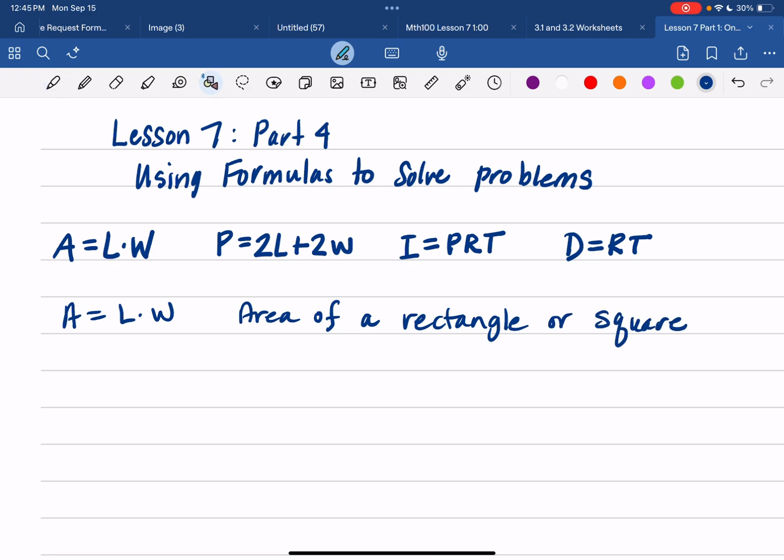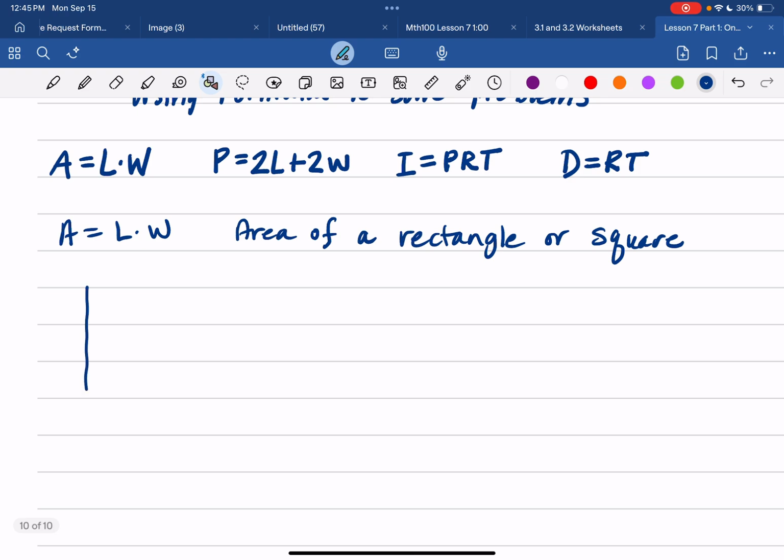So let's say that I have the following information. I have this rectangle, and I know that the length is 10 inches. And let's say this is not a square. It's more of a rectangle.